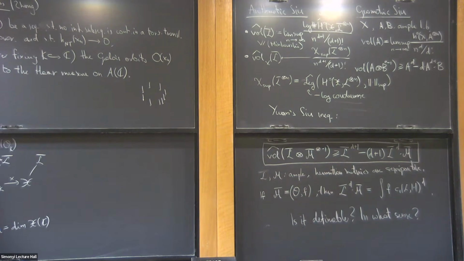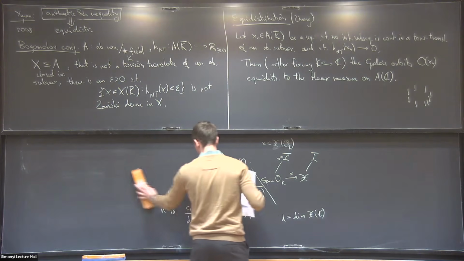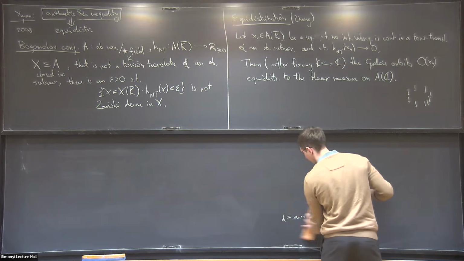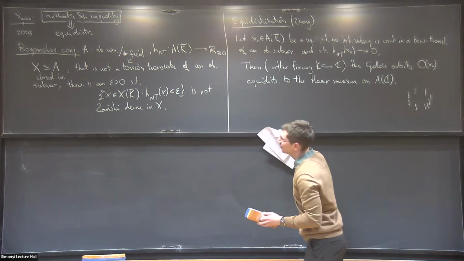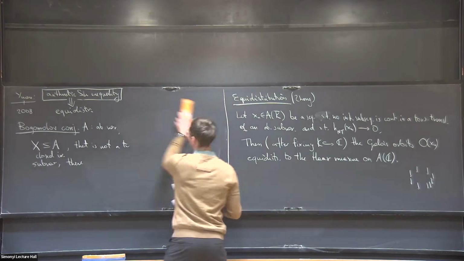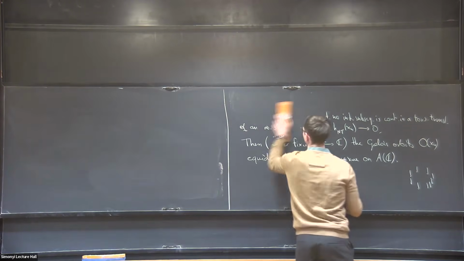If I take the same number but define it after taking composition with the Veronese embedding, with higher and higher Veronese, I will get the arithmetic intersection number.